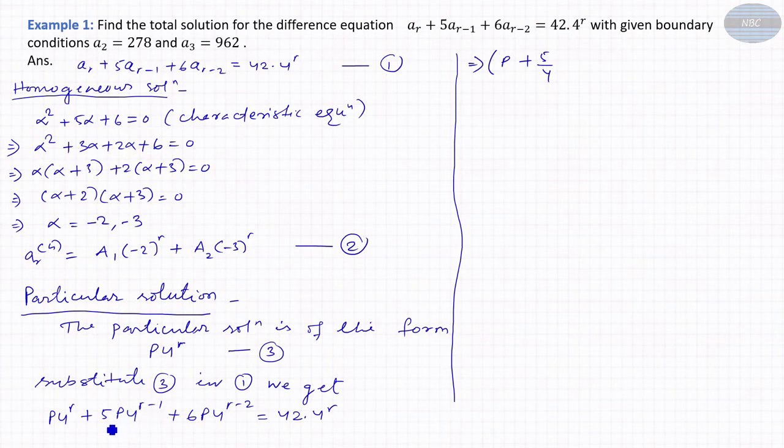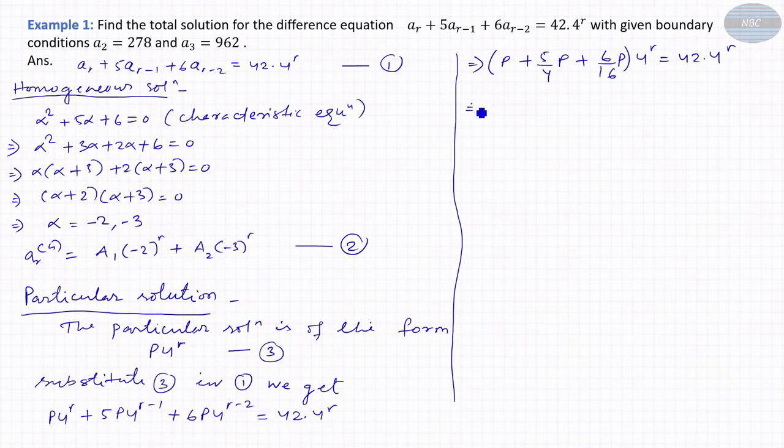It can be written as 5 divided by 4 P plus 6 divided by 16. So 4 to the power r minus 2 is equal to 4 to the power r divided by 16, 4 square, that is 16. So 6 by 16 into 4 to the power r, is equal to right hand side 42 into 4 to the power r.